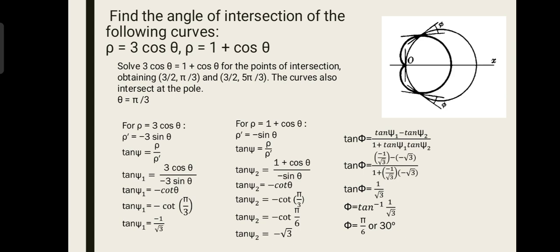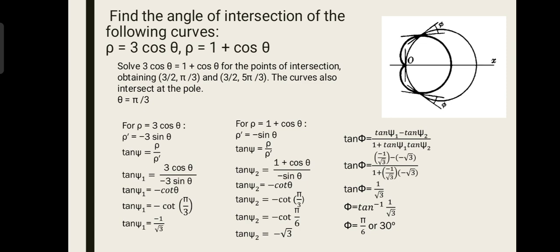We'll substitute each value, so tan ψ = (−1/√3 − (−√3)) / (1 + (−1/√3)(−√3)). So the tangent of the angle of intersection is 1/√3.